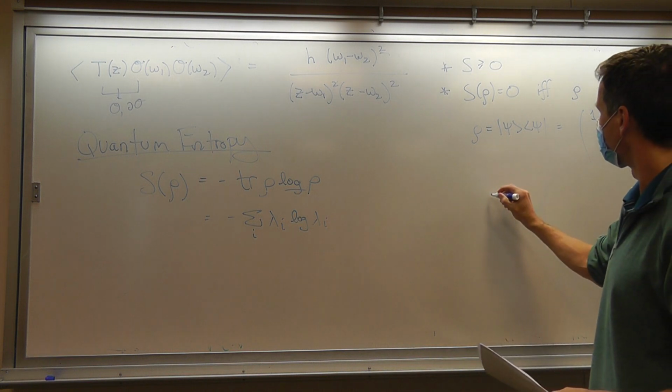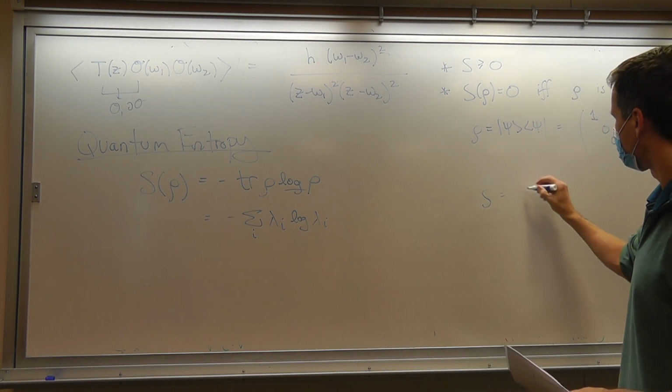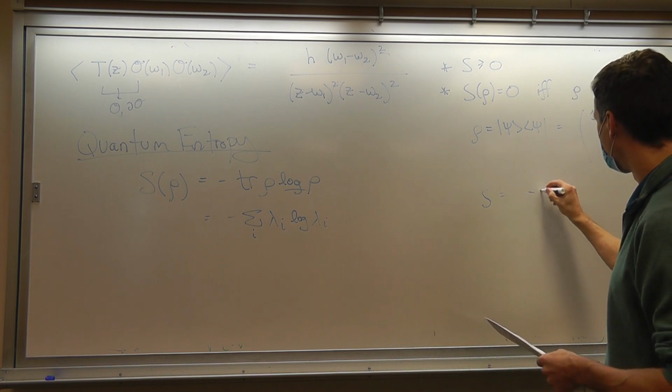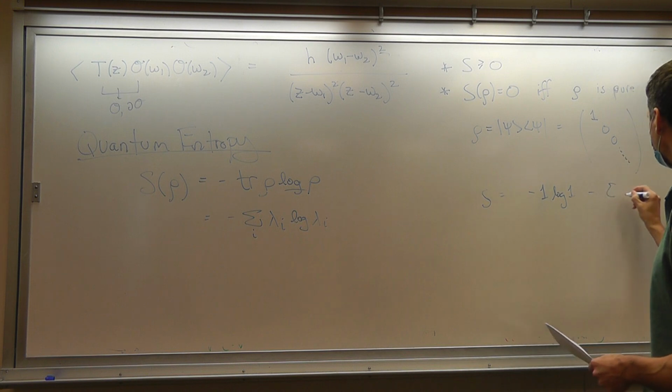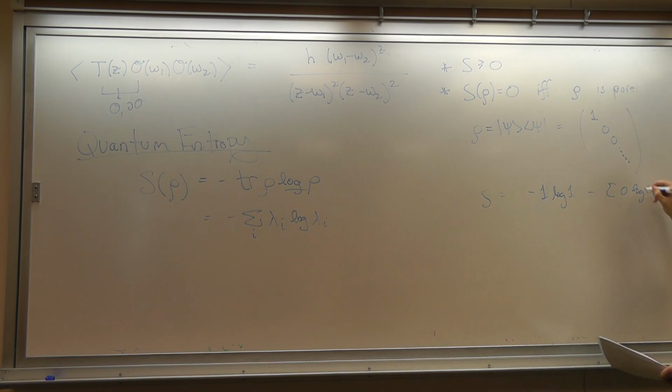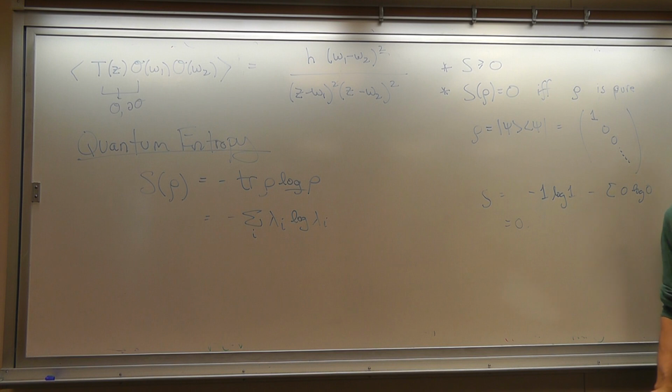And so the entropy of this state is minus 1 log 1 minus the sum of 0 log 0. 0 log 0 is 0. 1 log 1 is also 0. So it's 0.